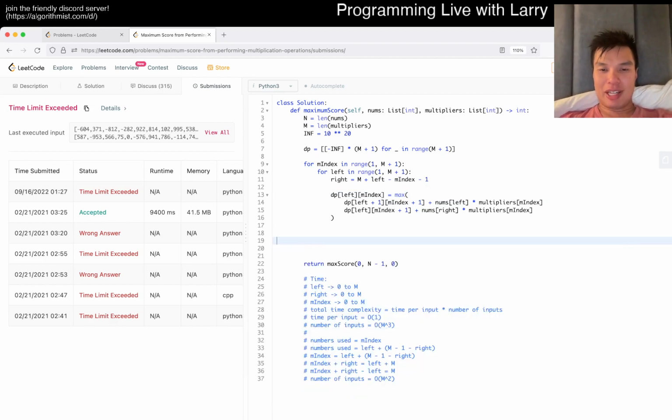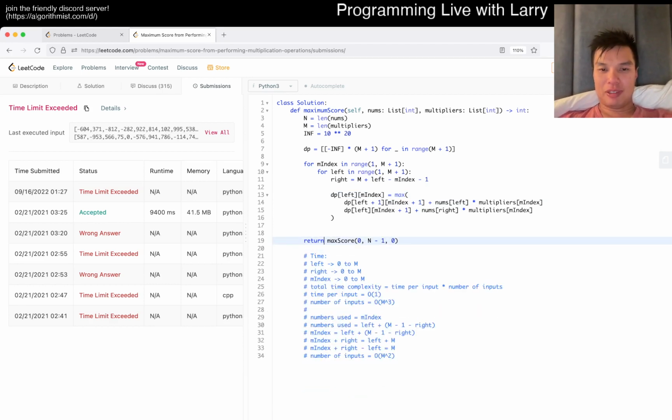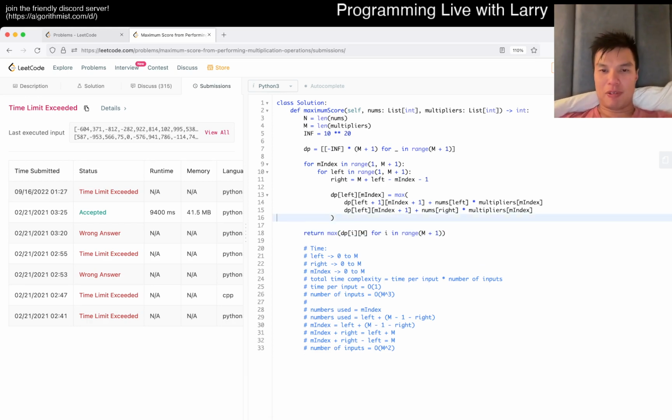And then at the very end, we should be able to return dp of, I guess, max of dp of i, m for i in range of m, something like that. But we still have to get this formula quite a little bit better.